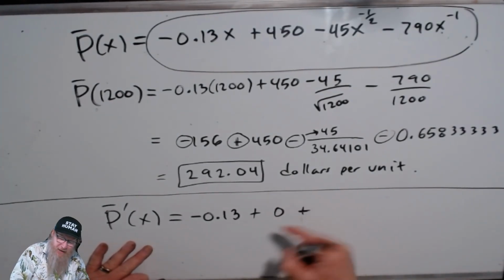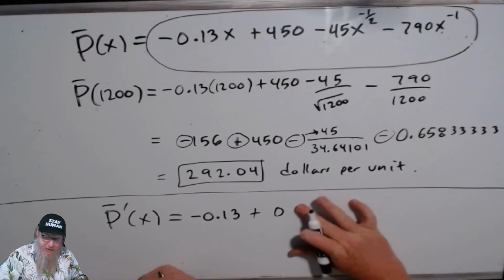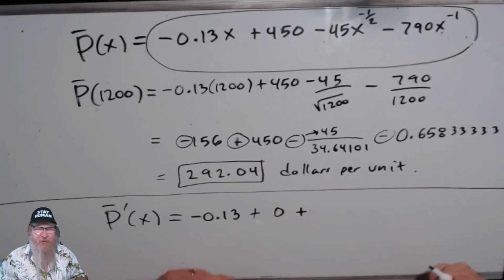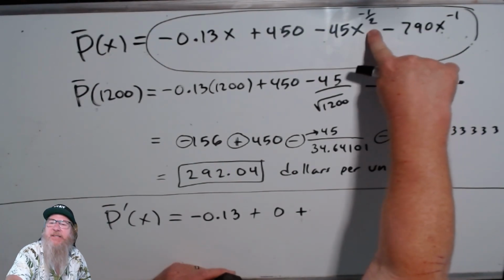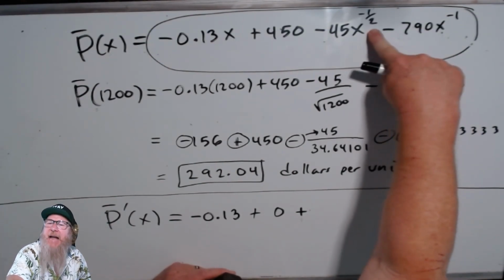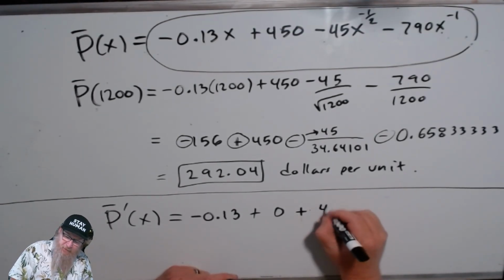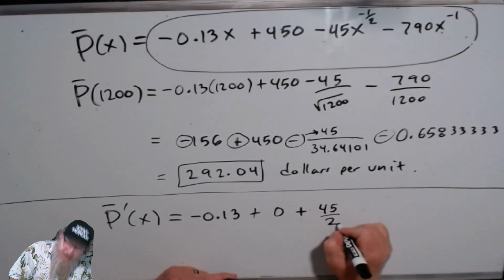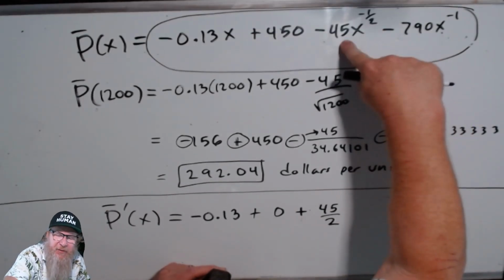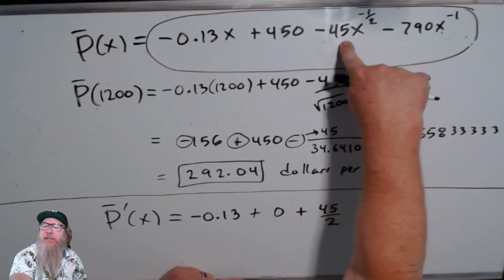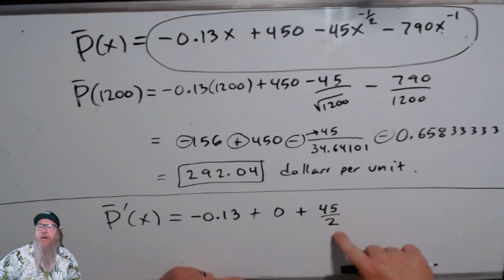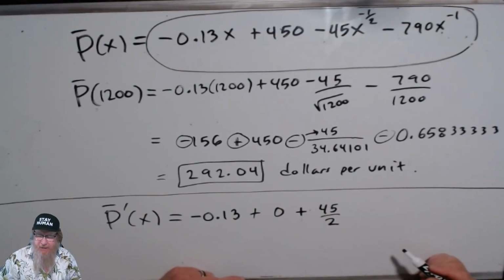I'm not going to really write that, I just wrote it for you. That 0 is going to get erased in a minute. The derivative of the next term is a negative times a negative, so that's going to be a positive 45 halves. Now, if this was an even number, I would actually divide it by 2, but it's not. I'm just going to write it as 45 halves.